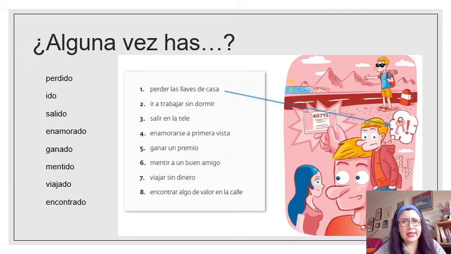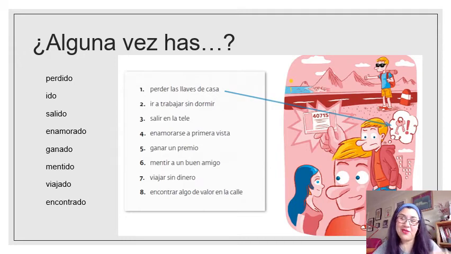Now let's go line by line to understand the meanings. Número 1. Perder las llaves de casa. Las llaves de casa, the keys to your home or to your house. ¿Alguna vez has perdido las llaves de casa? Have you ever lost the keys to your house? So you decide, sí o no. Número 2. ¿Alguna vez has ido a trabajar sin dormir?